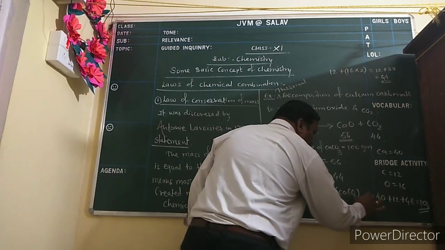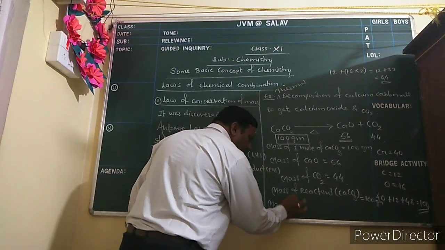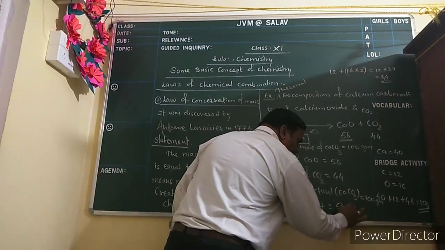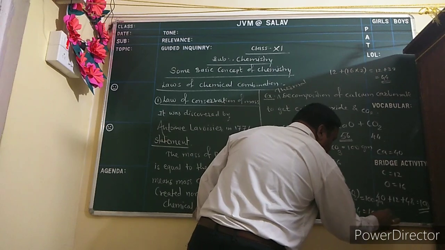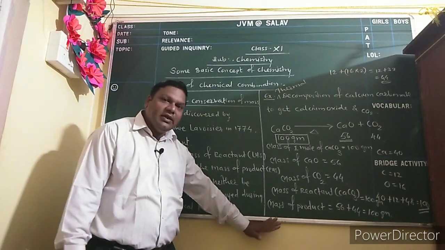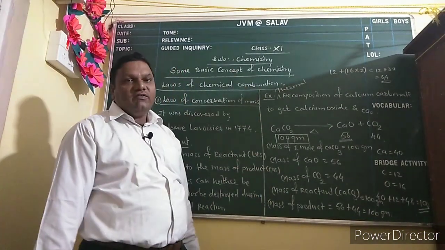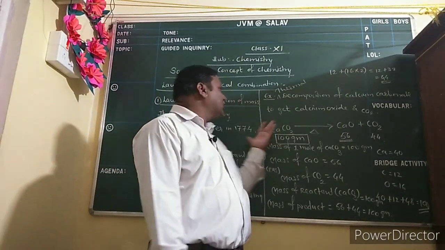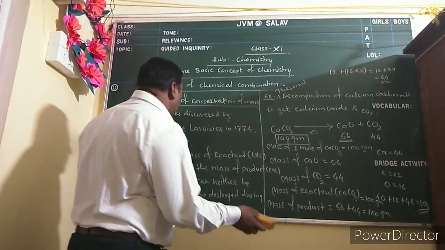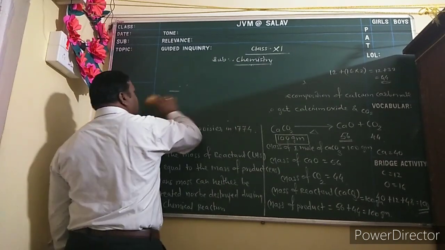CaCO3 will be 100 gram, and the mass of product, 56 plus 44, is again 100 gram. So during this reaction, mass can neither be created nor be destroyed. This is the law of conservation of mass, and it was discovered by Antoine Lavoisier. This is very simple; we already discussed it in class 9th.